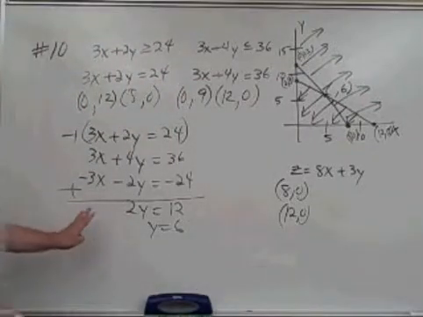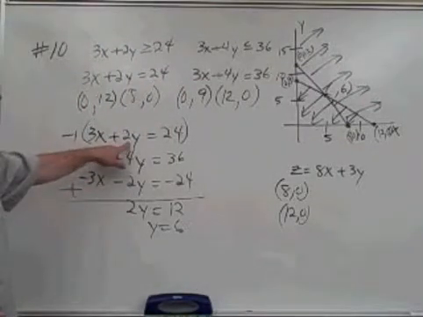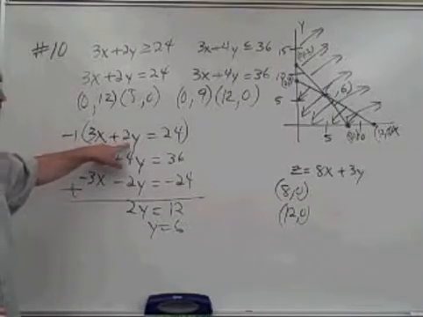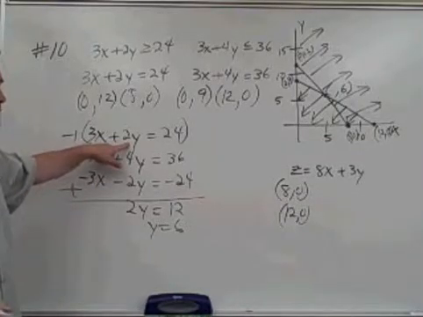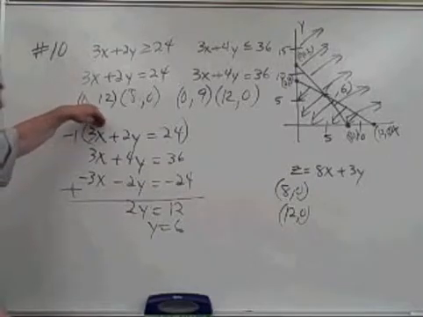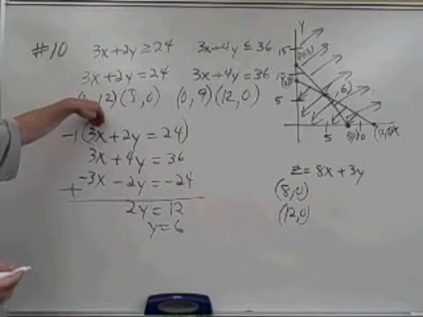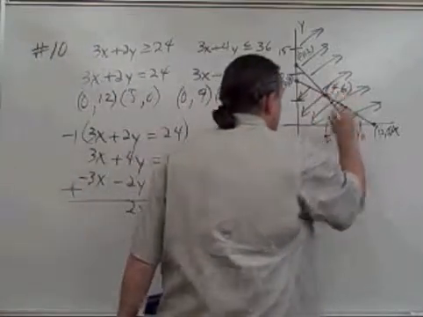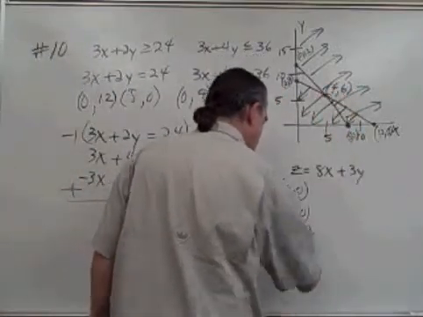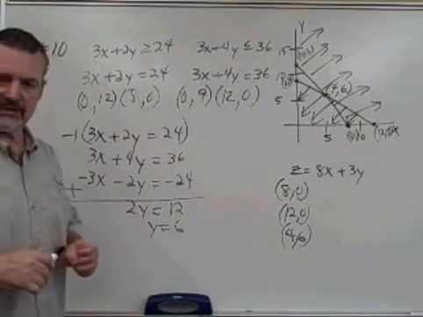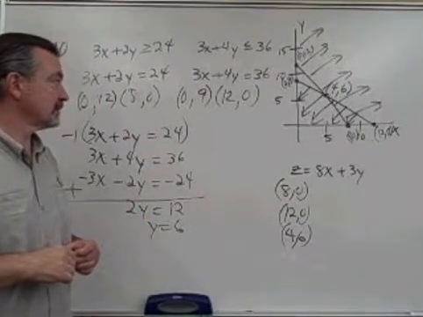Let's take 6 for y and put it back into this equation. 2 times 6 would be 12. So that means this quantity has to be 12, so 12 plus 12 would make 24. If this quantity has to be 12, x has to be 4. And my remaining corner point of my feasible region is the corner point 4, 6.